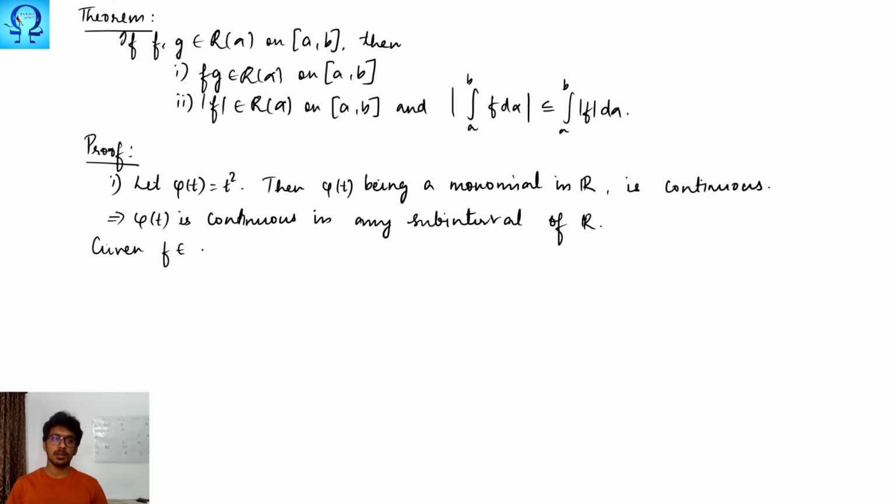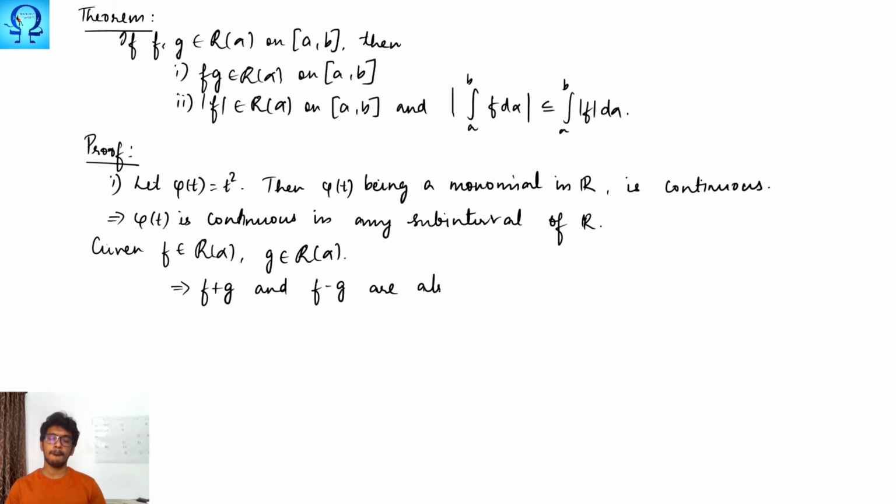Now, given f is Riemann-Stieltjes integrable and g is also Riemann-Stieltjes integrable, using the first property, f plus g and f minus g are also Riemann-Stieltjes integrable.